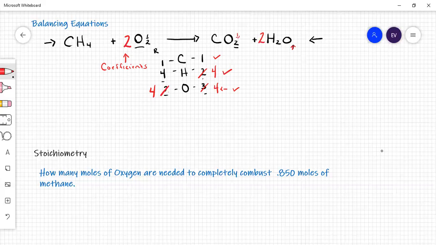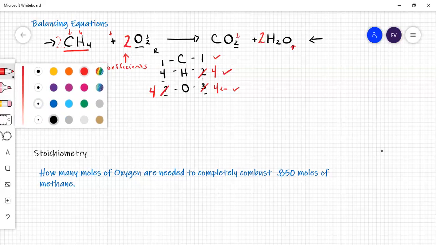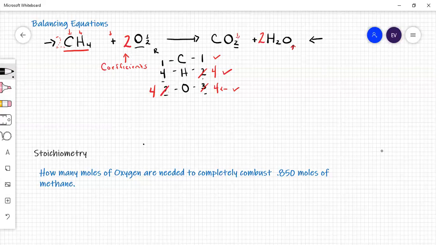If I put a coefficient here, it would affect everything here, and its effects would stop at the plus sign. It only affects these guys here. So a coefficient affects everything in the molecule. Let's rewrite our equation. I hope that helps you guys with the balancing.